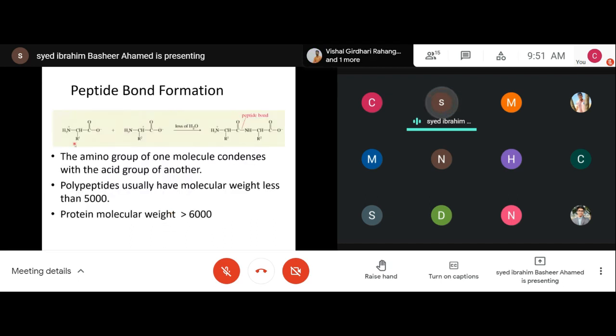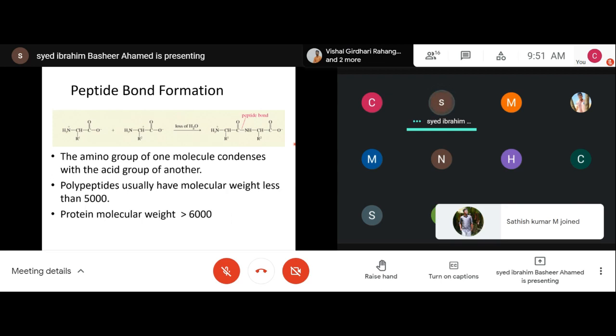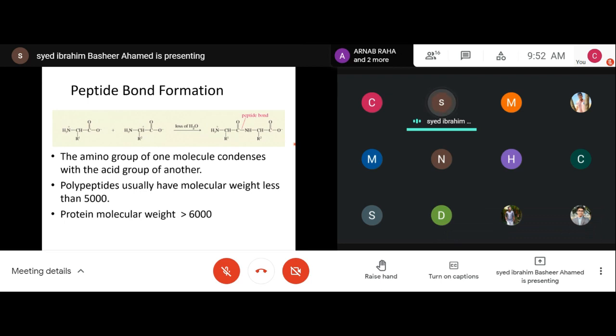So when you have a condensation reaction and loss of water molecule, you have a peptide bond. Similarly, several amino acids condense together and make a polypeptide. You can have n number of amino acids condensed and make any length of polypeptide chain.